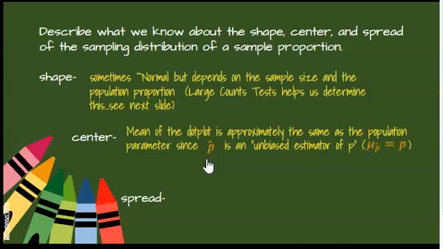If we take a bunch of proportions from samples, put them on a dot plot, and find the average of all of our proportions, that average is going to be very close to the true population proportion. So we can say that mu of all the p hats, the mean of all my proportions, is approximately equal to the true population proportion, which we use p for.